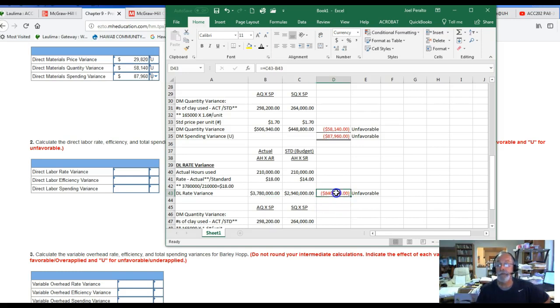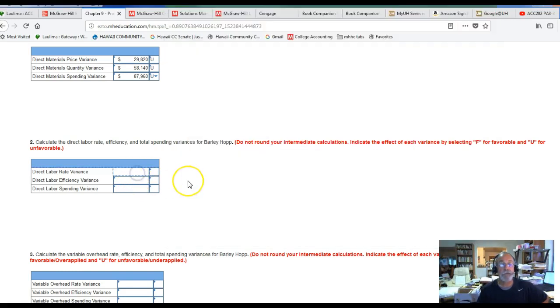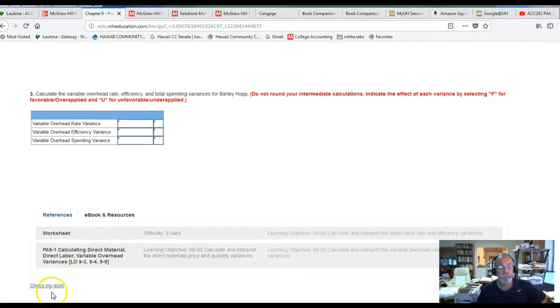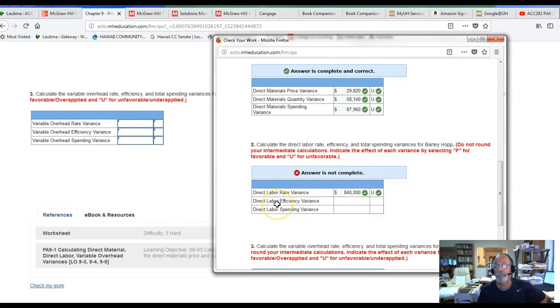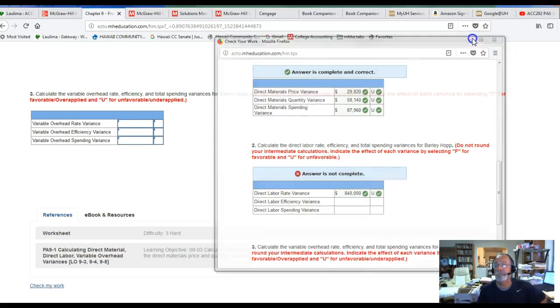So the difference is $840,000, and that's unfavorable. Let's see if that's going to work for us. Unfavorable. Okay. Let's check that out. And we're okay.